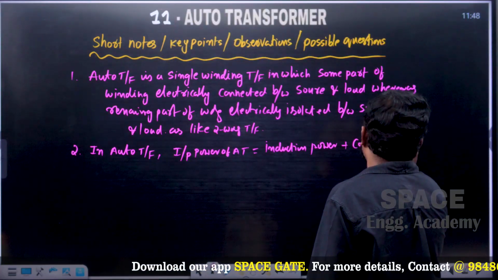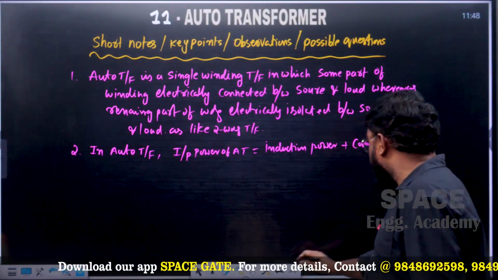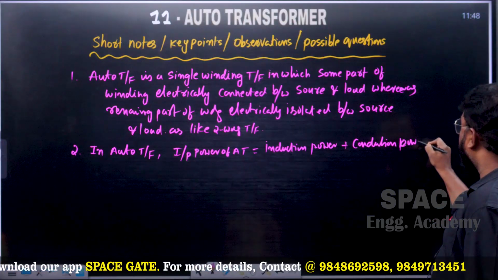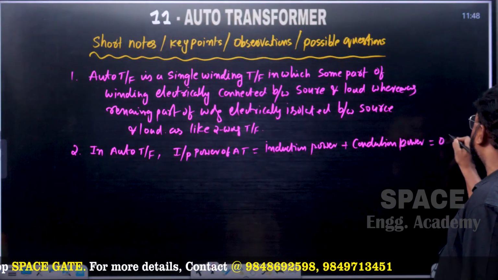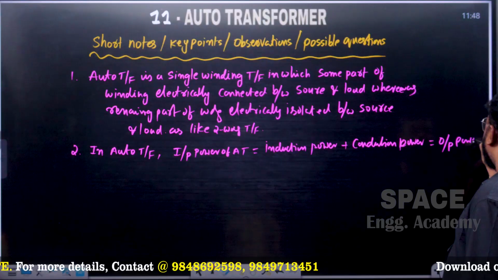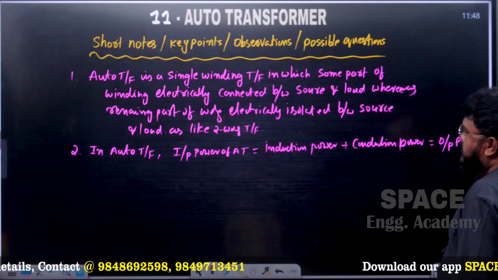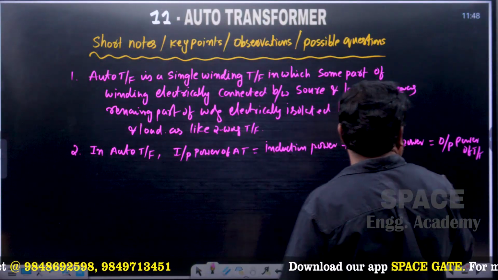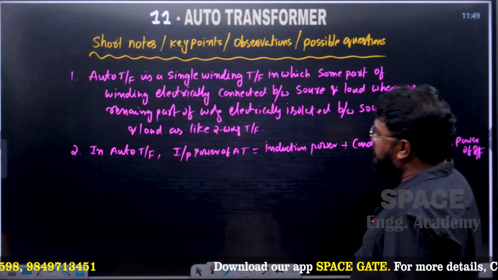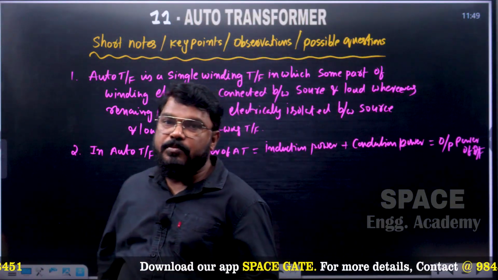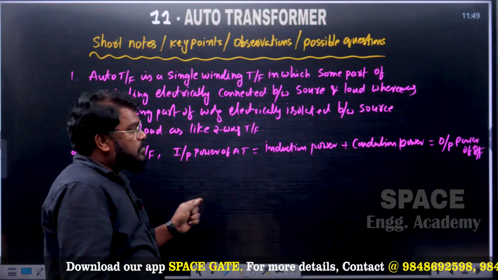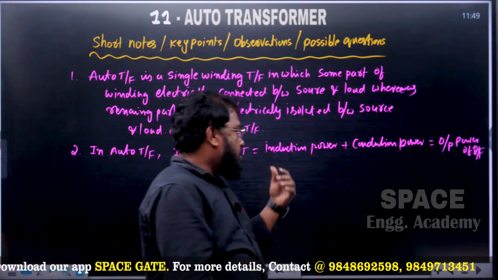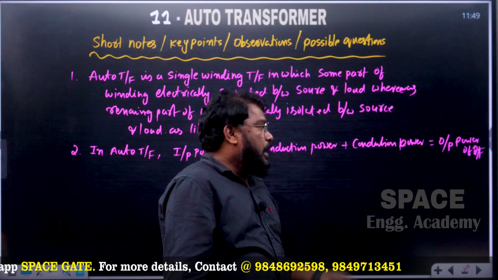This is also equal to the output power of the auto transformer. So in auto transformer, input power of auto transformer is equal to induction power plus conduction power, and output power of auto transformers.